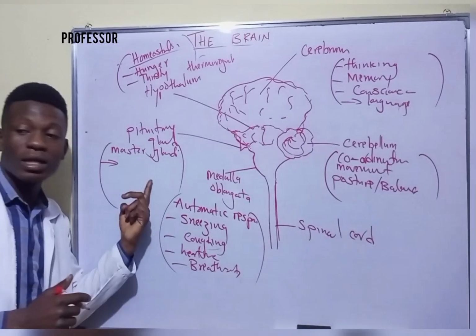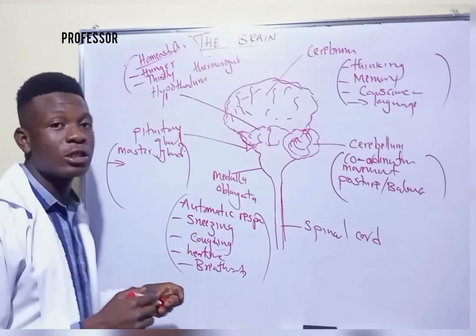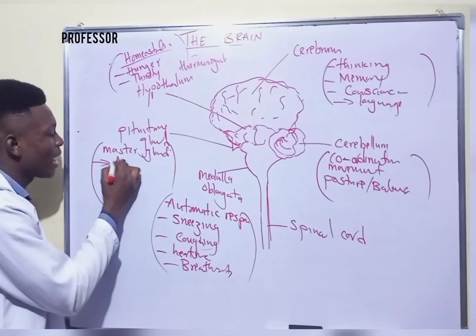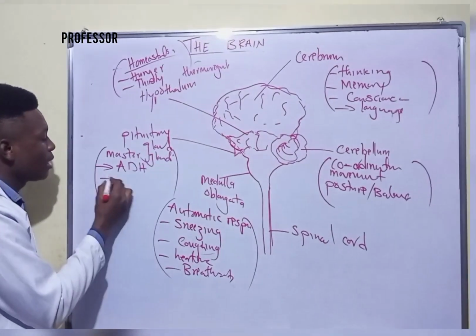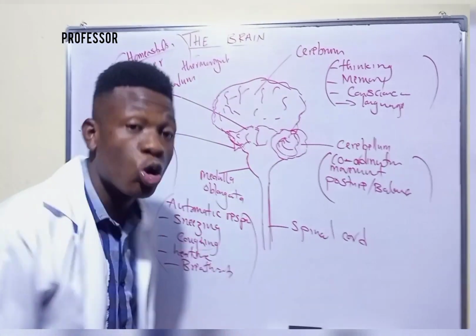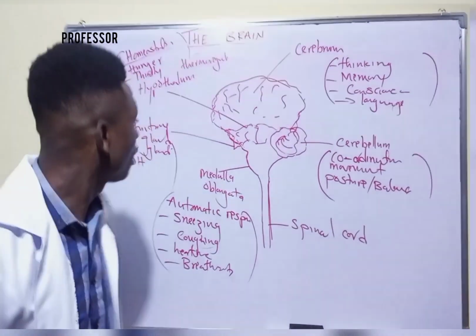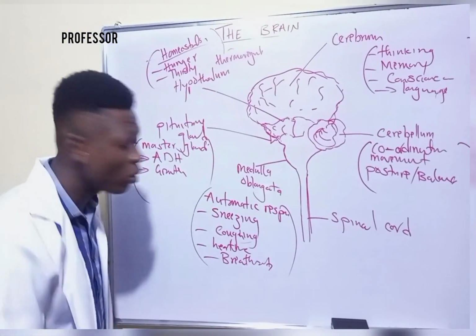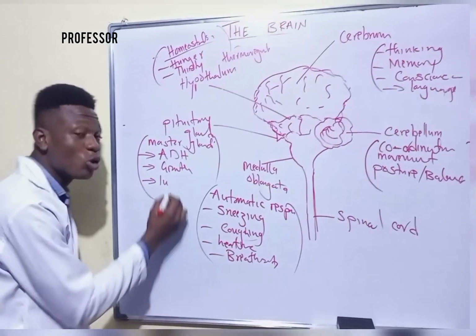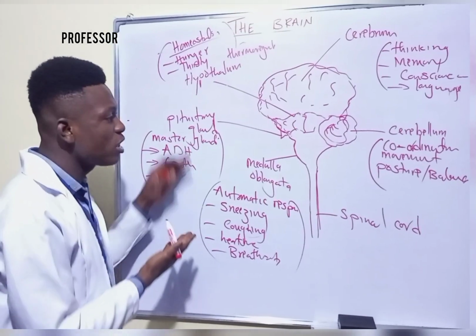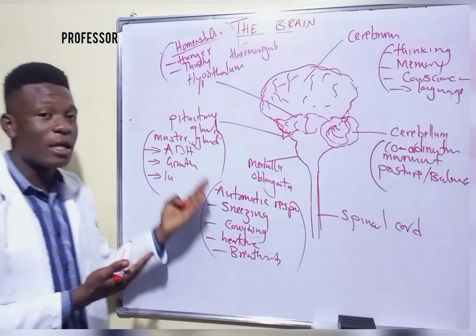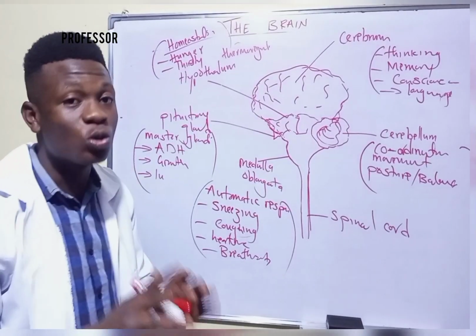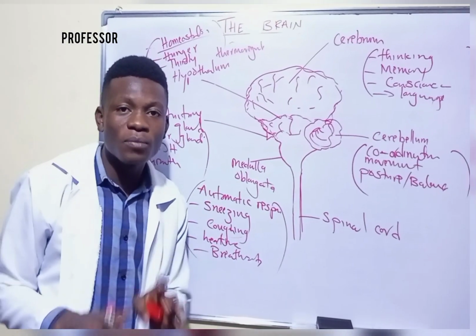It helps other organs to function by producing hormones such as the antidiuretic hormone, the adrenocorticotropic stimulating hormone, the growth hormone, for a person to grow, and the luteinizing hormone. All these hormones produced by the pituitary gland make other endocrine glands or organs of the body function. It is called the master gland.